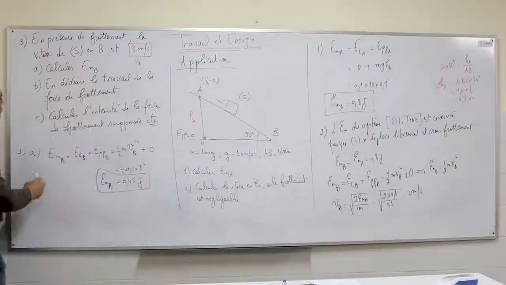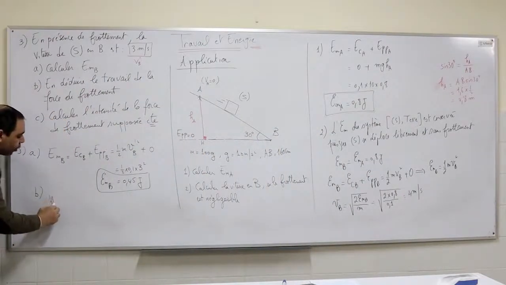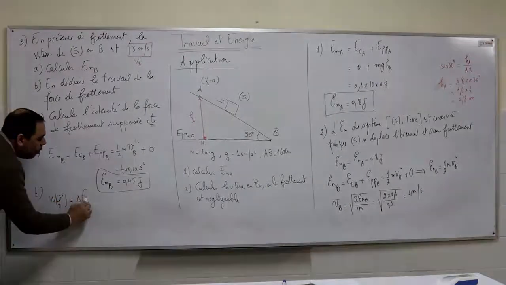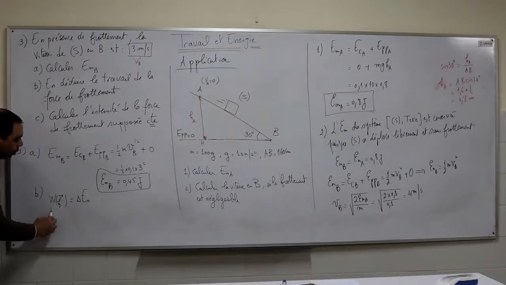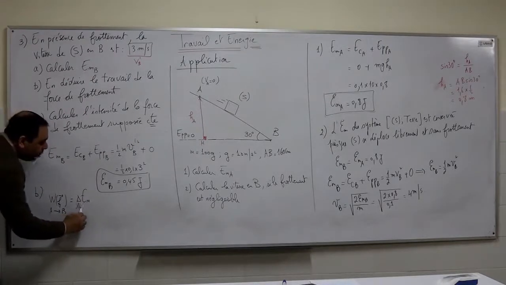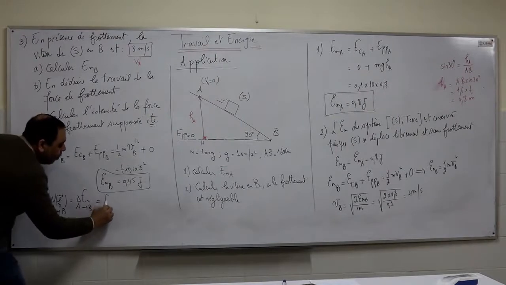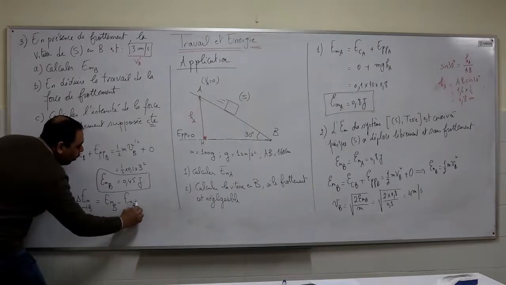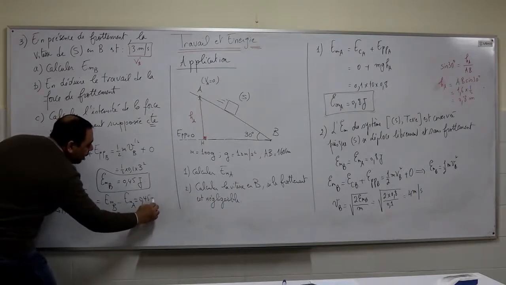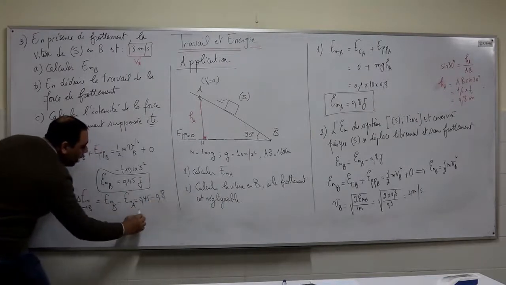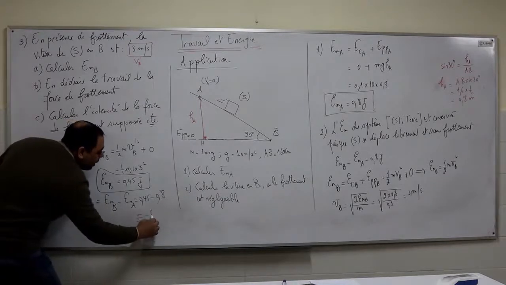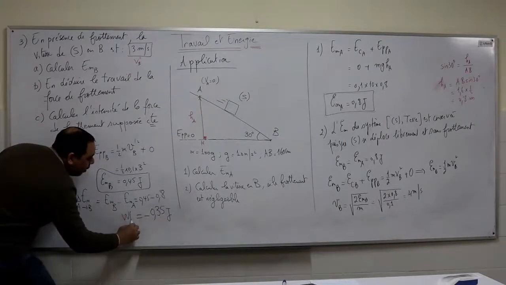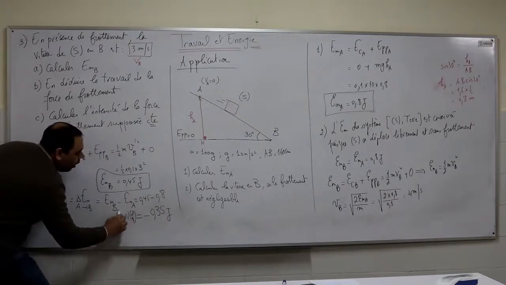We write the work of the force of friction is equal to the variation in the mechanical energy from A to B, of course. This is equal to the mechanical energy at B minus the mechanical energy at A. 0.45 minus 0.8. The result is minus 0.35 joules. This is the work of the force of friction.